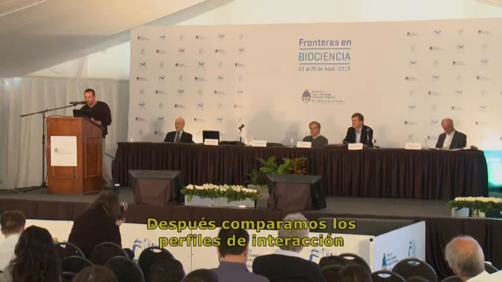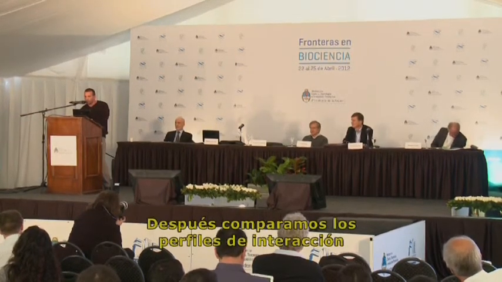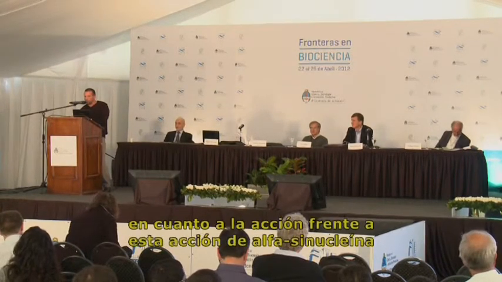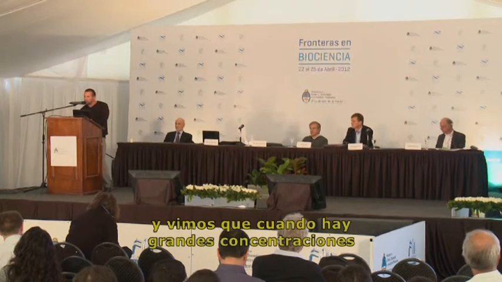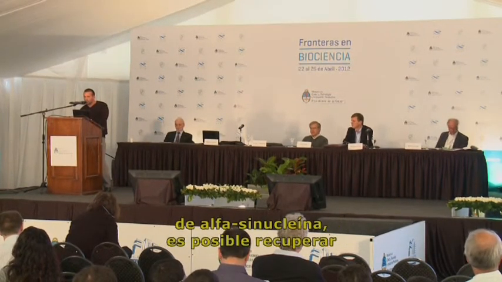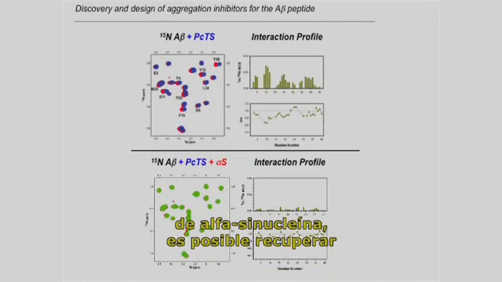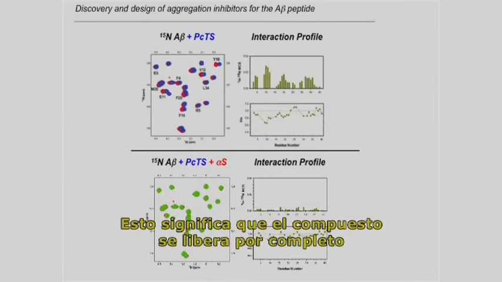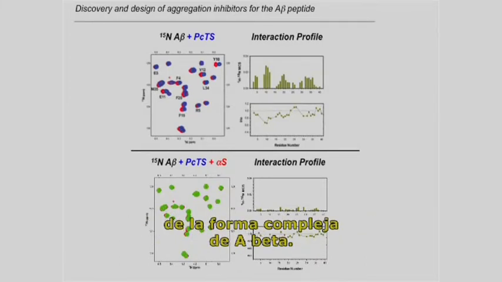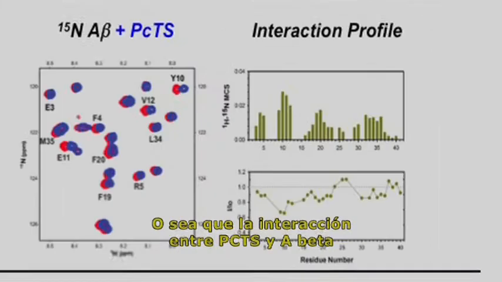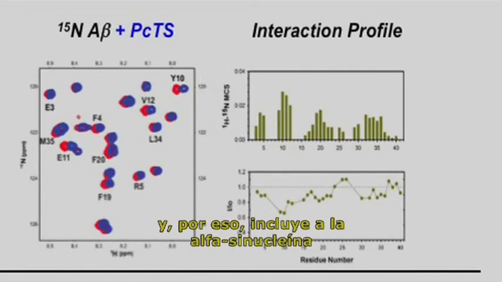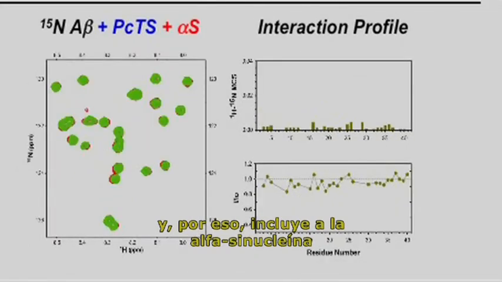Then if you compare how the interaction profile of this complex changes upon the presence of unlabeled alpha-synuclein, you see that when you add increasing concentrations of alpha-synuclein, you recover the NMR profile of the free A-beta molecule. It means that there is a complete release of the compounds from the complex formed with A-beta. It means that the interaction between PCTS and A-beta amyloid is much weaker than that involved with alpha-synuclein.